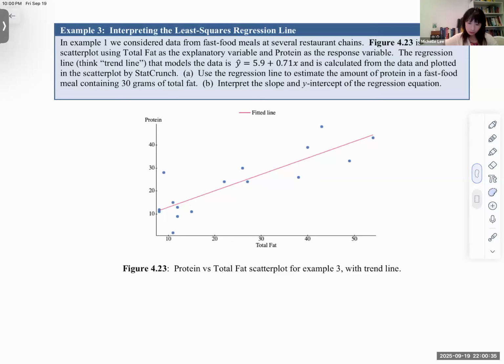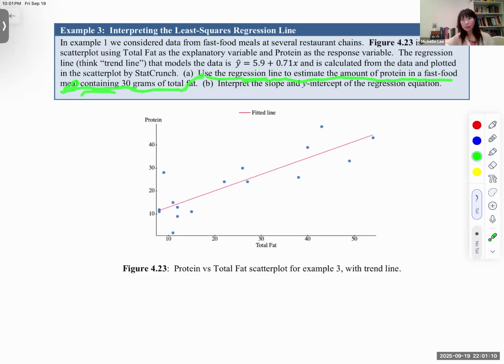Okay, so let's do this example. We have total fat versus protein like earlier, and we have the equation, which is y hat equals 5.9 plus 0.71x. Use the regression line to estimate the amount of protein in a fast food meal containing 30 grams of total fat.